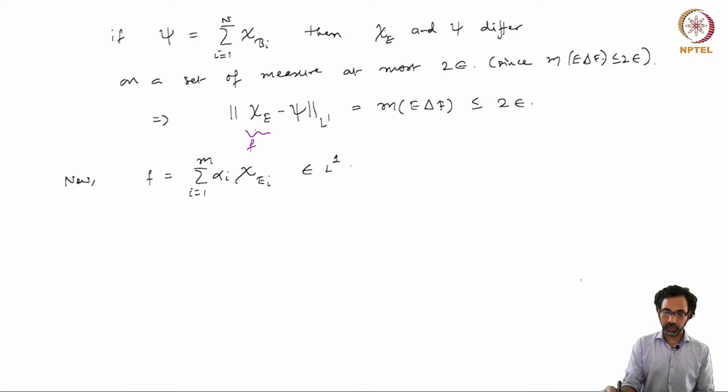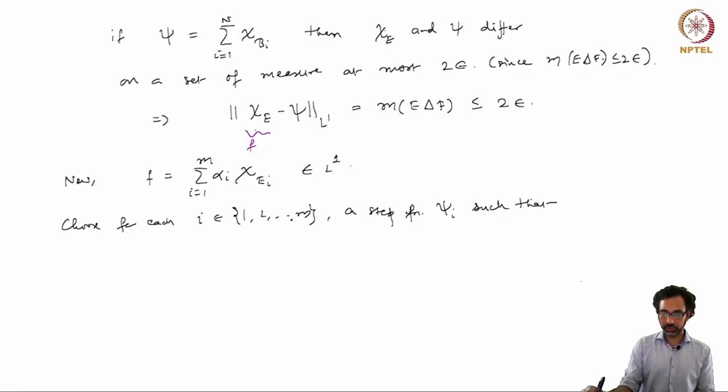So this is an L1 function, and now choose for each i from 1 up to m a step function Ci such that the L1 norm of chi Ei minus Ci is less than or equal to epsilon over 1 plus the summation i equal to 1 to m of alpha i.